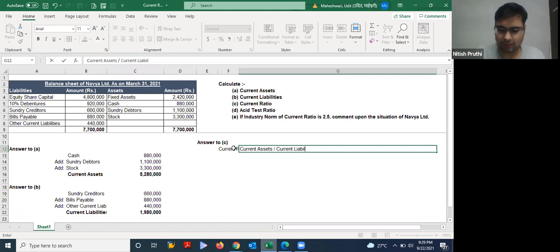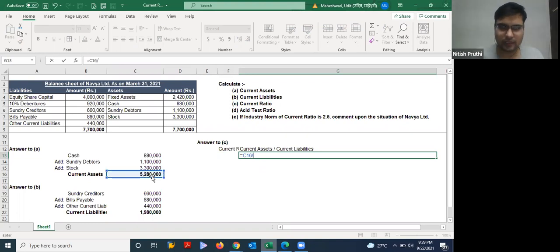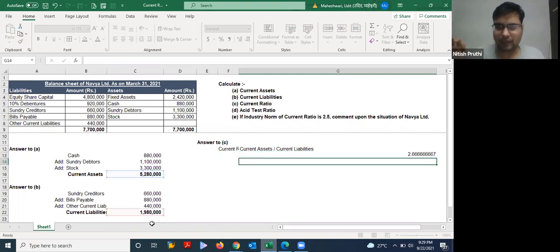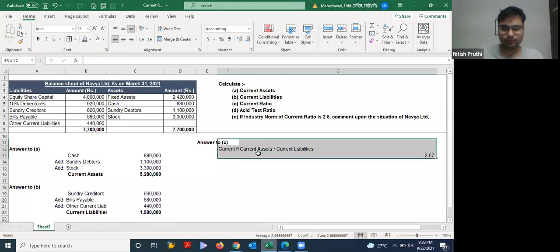So similarly, if this is a 1 mark question, then you have to just divide these figures, current assets divided by current liabilities, right? So here comes the answer, that is 2.67, right? So we'll present it in a better form.